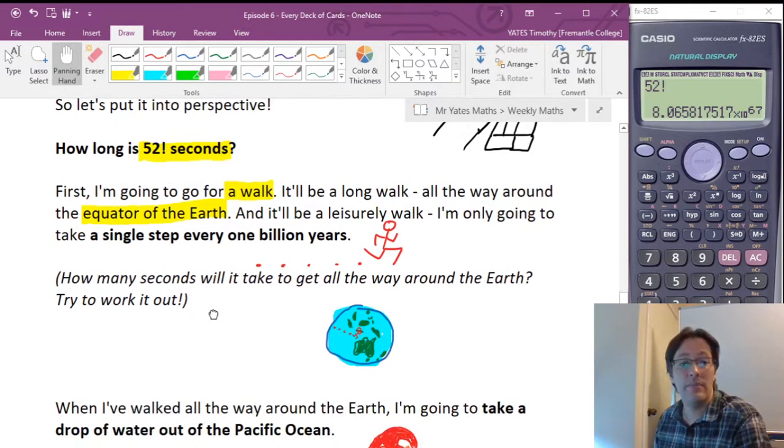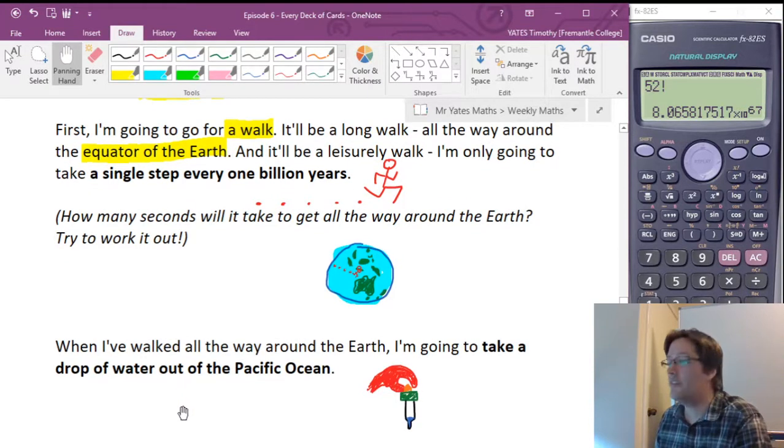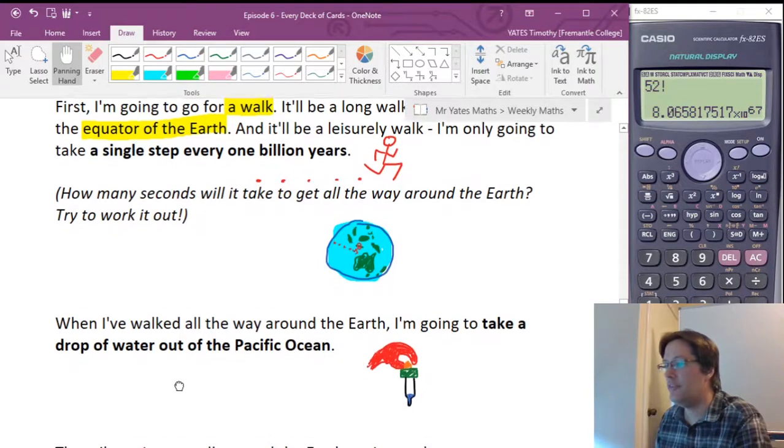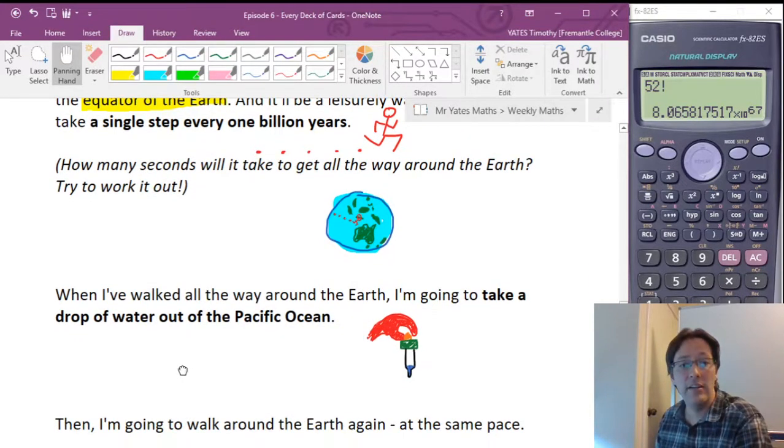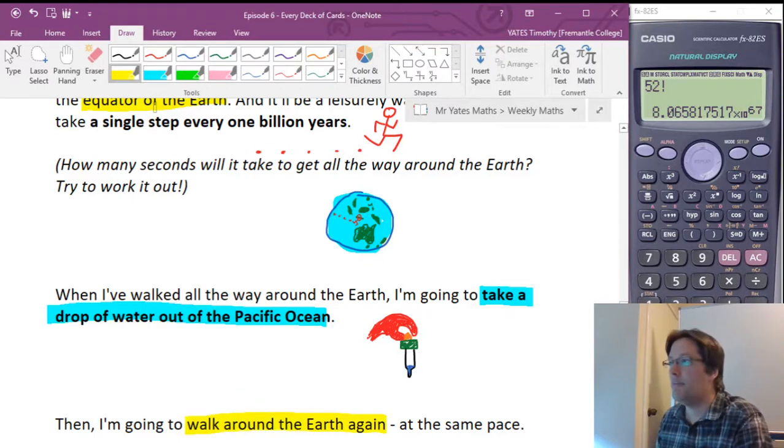So, there we go. When I've walked all the way around the Earth, I'm going to take a drop of water out of the Pacific Ocean here. Great. So I've taken a drop of water out of the Pacific Ocean. And then I'm going to walk around the Earth again, at the same pace.